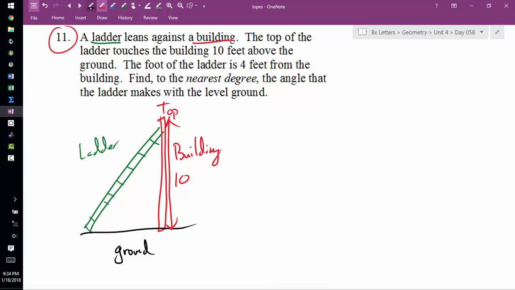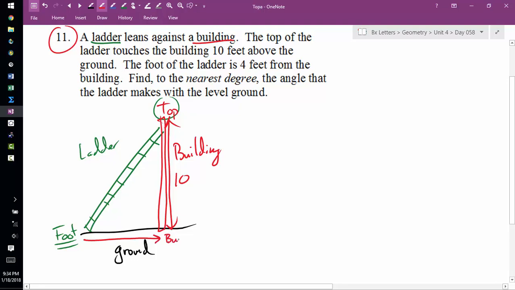They tell me that the foot of the ladder, okay, so the ladder has a top and it's also got a bottom, or what they call the foot, meaning where your feet go first on the ground. The foot of the ladder is 4 feet from the building. So from the foot of the ladder to the building, that distance is 4 feet. Let me do that in the black. 4 feet.